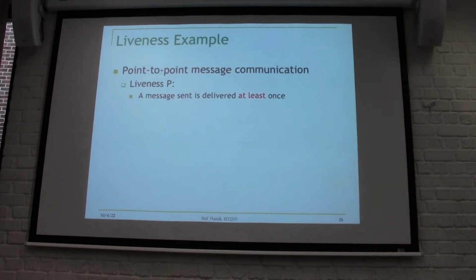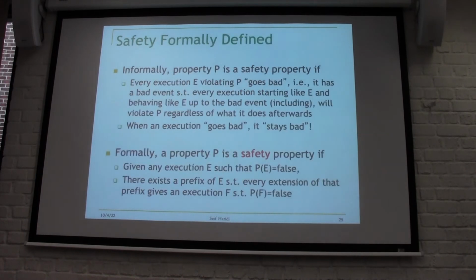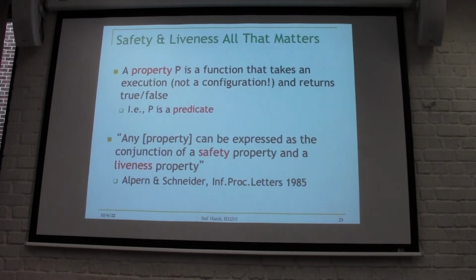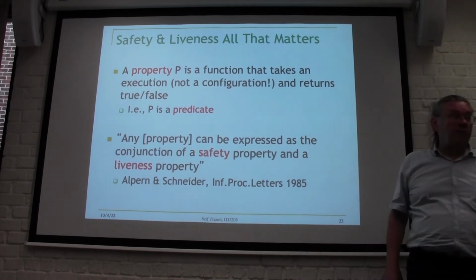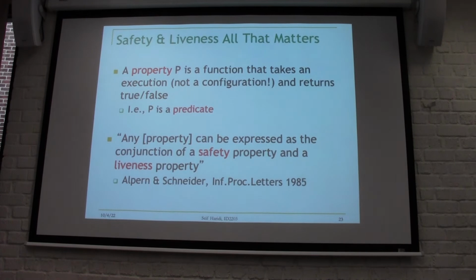Well, here's the theorem. You go back here. Given this theorem, and I give you the property, every message is delivered exactly once. How does that fit with that theorem? It's an intersection of both the safety and liveness.